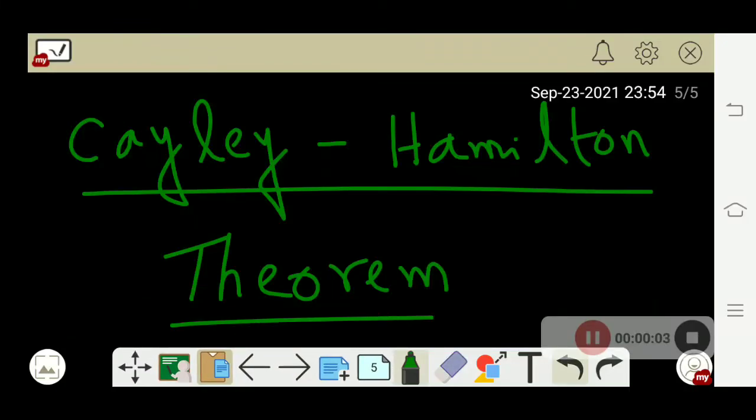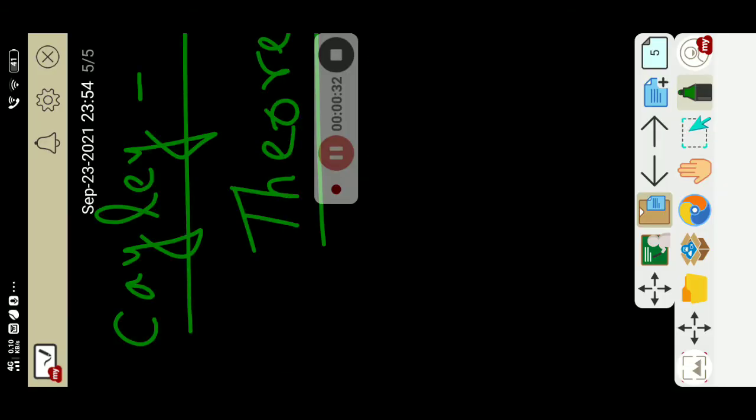Hi, in this video I'm going to discuss the Cayley-Hamilton theorem. The utilization of this theorem is that it's very easy to find the inverse of a given matrix. In the normal method, which you have done in higher secondary, you have to find the adjoint, find the determinant of that matrix, and then take the ratio.